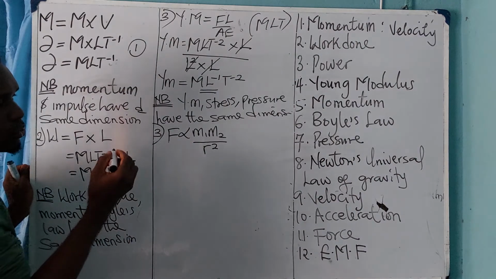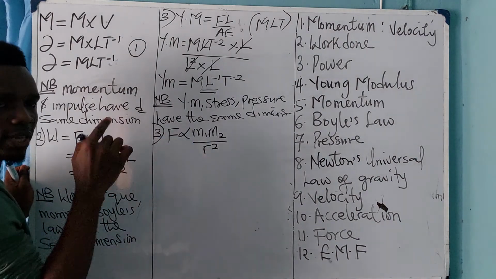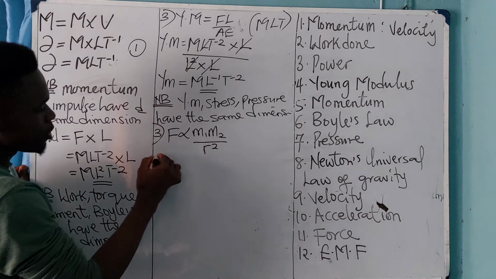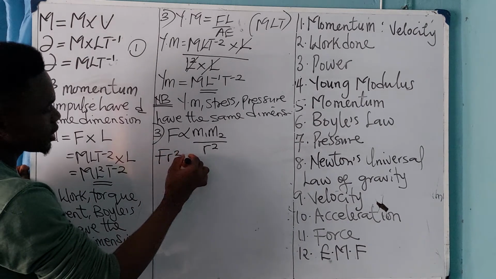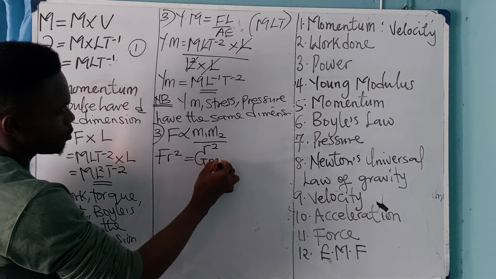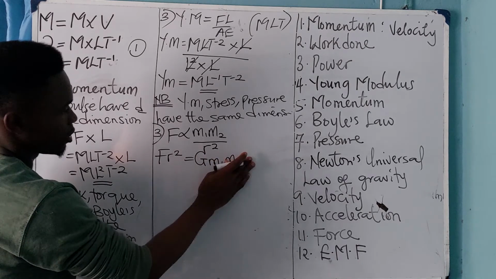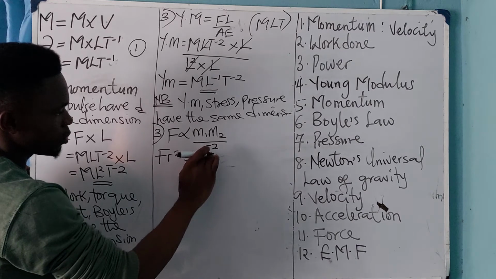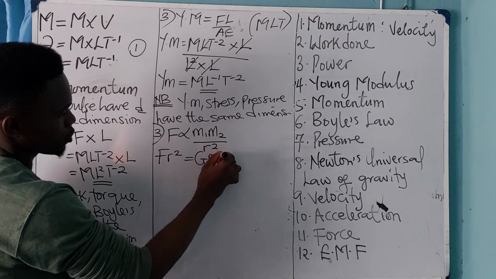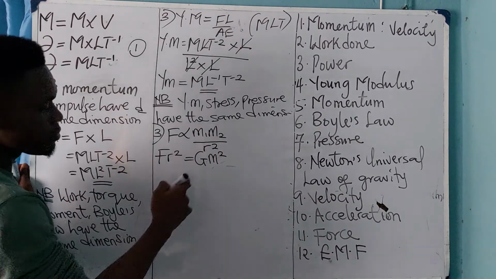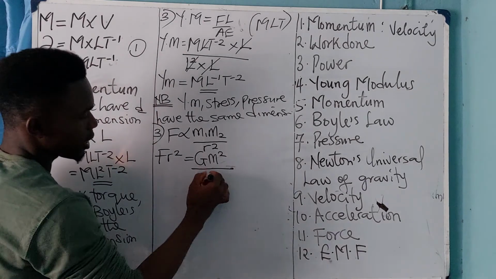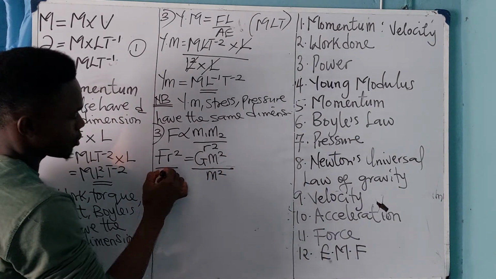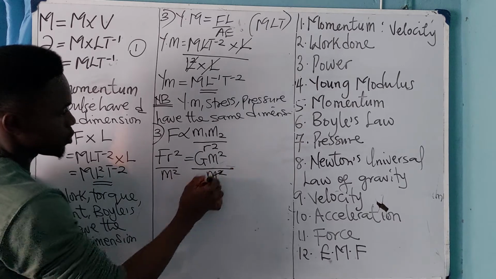Newton used a constant G, not k, please. Now in that note it becomes F r squared equals G m1 m2. To prevent this long expression, I can simply write it as m squared.